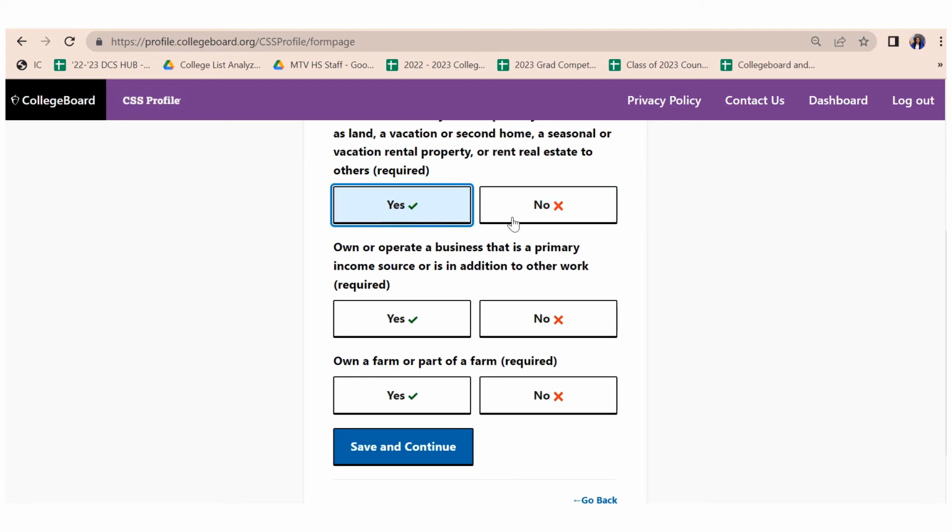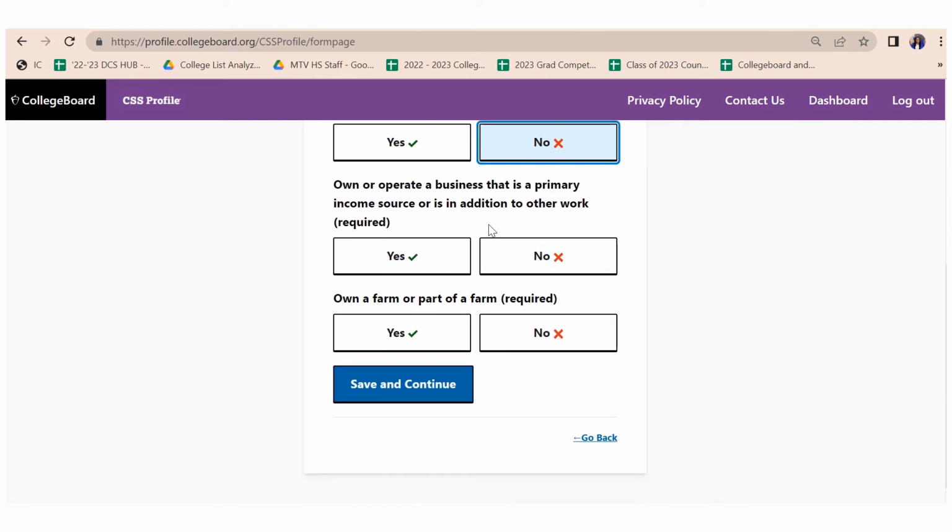If you select yes, later on you will likely be asked to share how much that property is worth. If you own or operate a business that is the primary income source or is in addition to other work, be careful here because this is asking about businesses that have 100 or more employees. So unless your business has 100 or more employees, you are selecting no to this question.